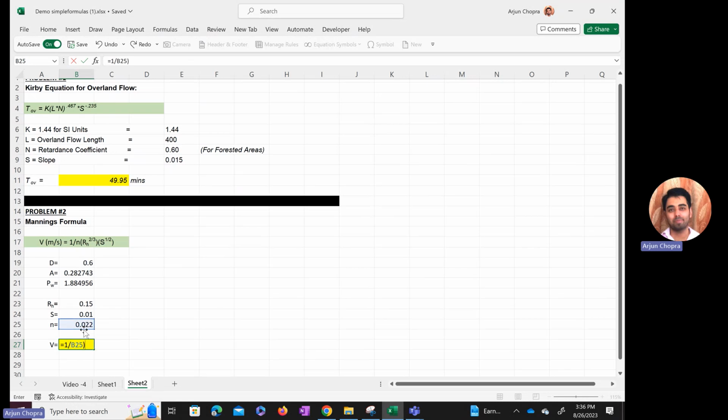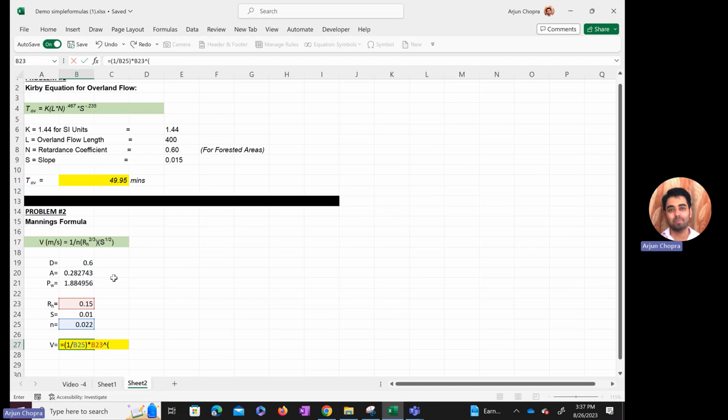I'll put this in the bracket first of all, just to make sure that everything goes smoothly, and then multiply it with the r value. This is the RH given to me here, raised to the power 2 over 3. So I'll put raised to the power. Now I must use the bracket. In the previous case, I did not use the bracket because the power was given in decimal form.